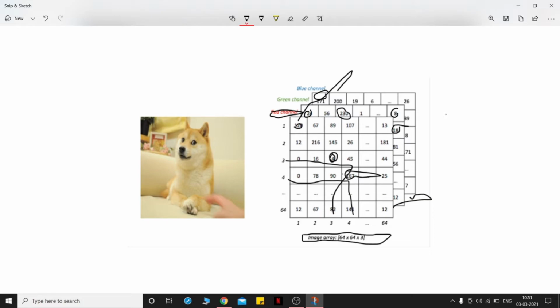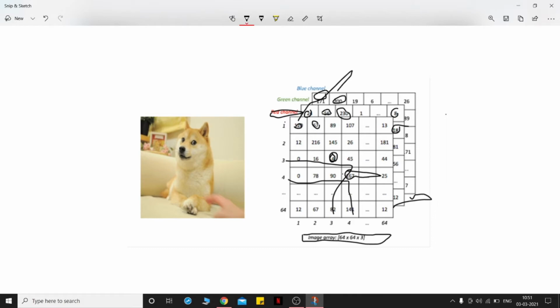So let's take the first row and then the second column, where you have 67, 56 and 200, because only those are clearly visible in this image.